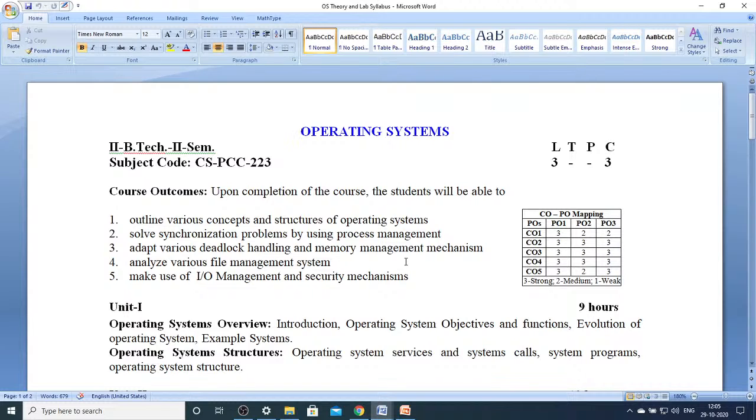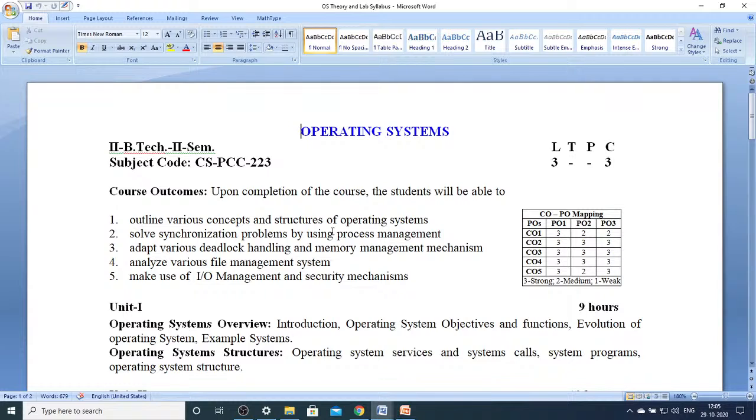So all the important MCQ bits with answers will be given to you. Don't worry about that. If you are able to prepare well in advance, you will be able to secure good marks in the quiz exam also. So this is with regard to your mid as well as the theory exam.